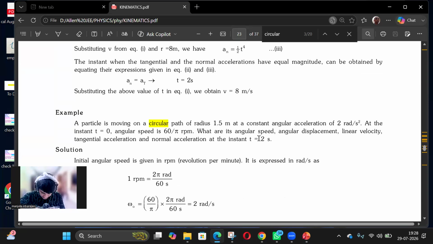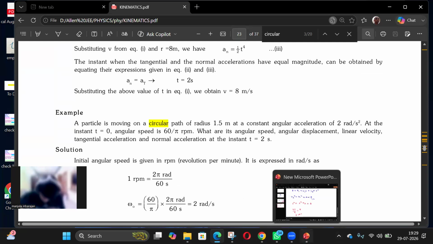Linear velocity we have to find now, at t equal to 2 seconds. The relation between linear and angular velocity is v equal to omega into r.